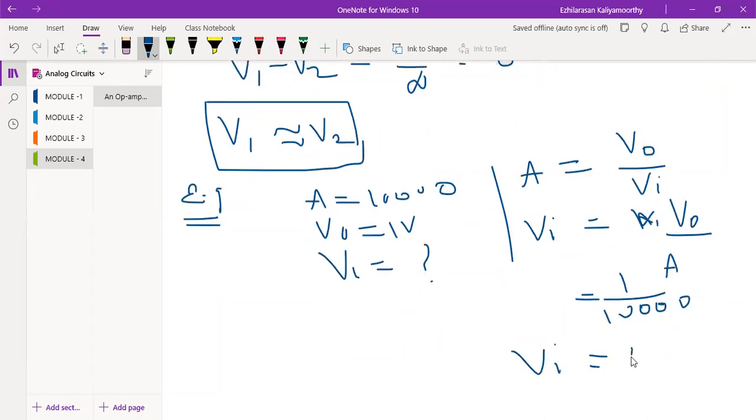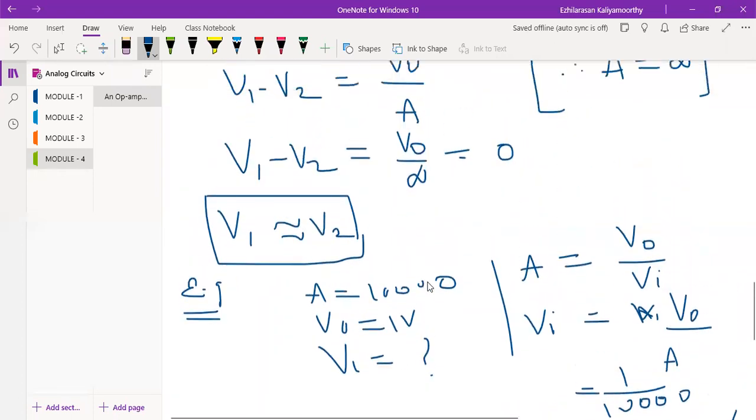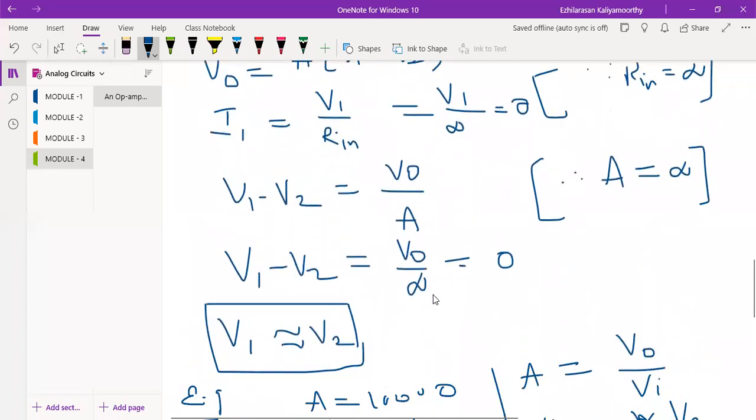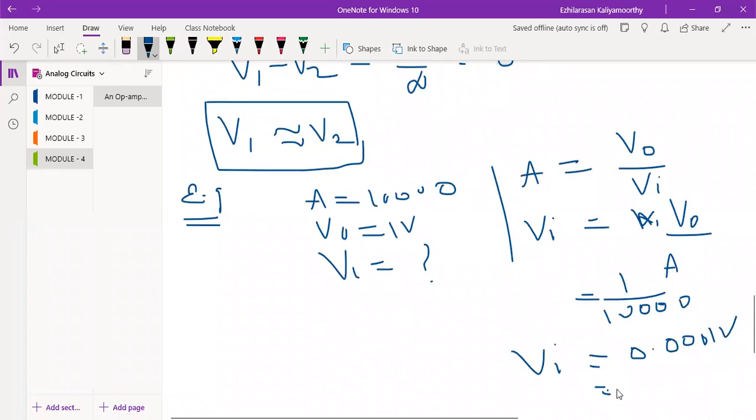VI is 0.0001 volt. So your input voltage is very, very small. If the VI is very, very small, it will be considered as approximately equal to 0 only.